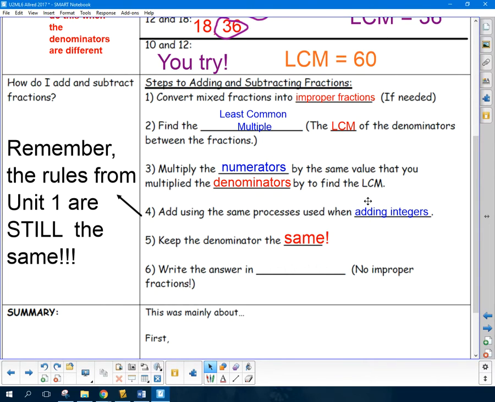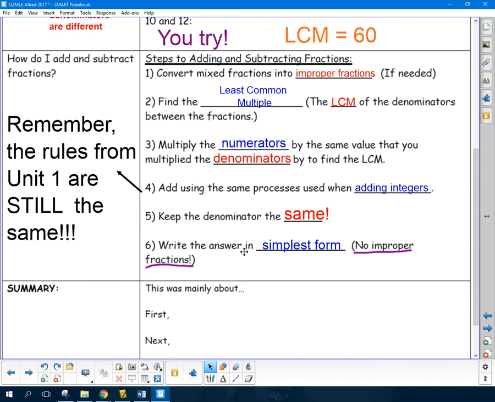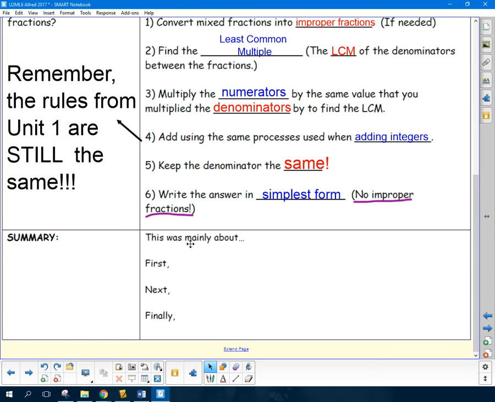Don't change the denominator because that just represents the number of pieces it takes to make up one whole. But you're going to write your answer in simplest form if you have to. Mr. Allred is not a fan of improper fractions, so we're going to convert those to mixed numbers. Don't write your summary yet because Mr. Allred is going to show you one example.